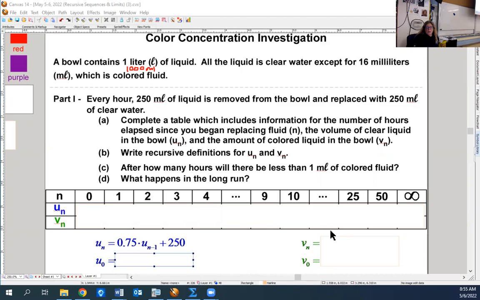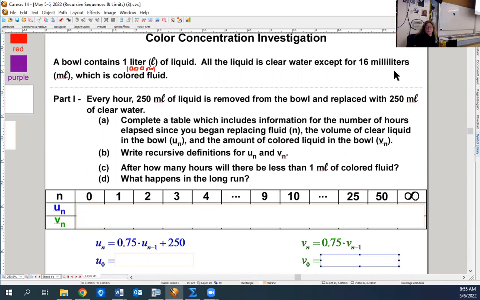Okay, how about the other? We're taking out 25% of the liquid, which means that 75% of the colored liquid is left there. Why doesn't it say plus something? Are we putting any colored stuff back in? No. What is my starting value?